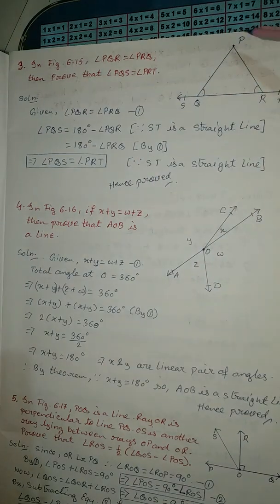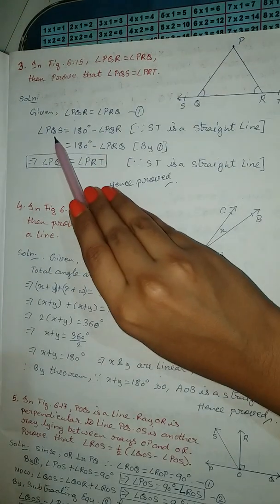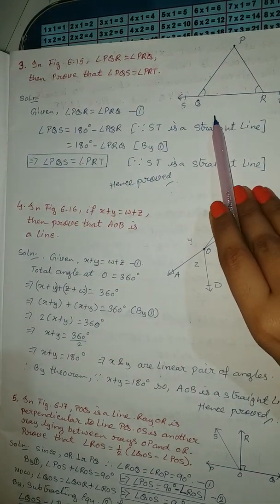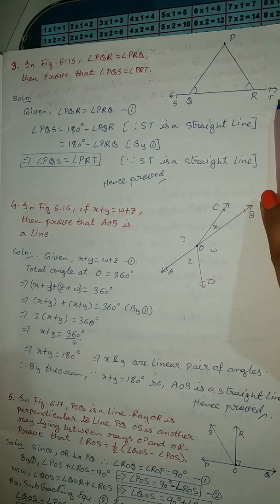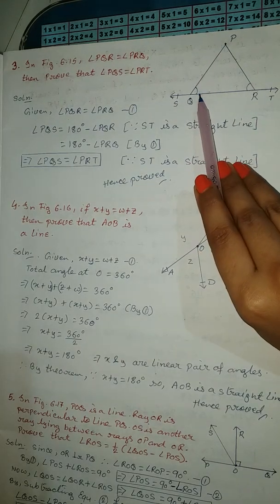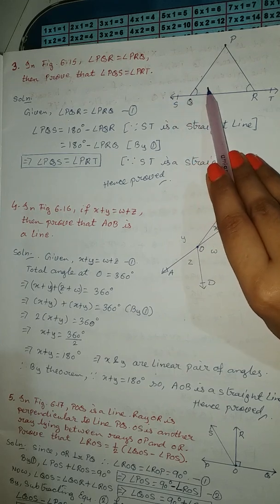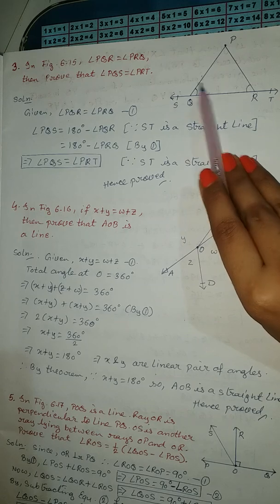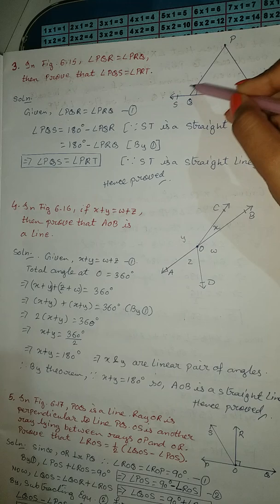Now, to find out the value of PQS, we'll just write down angle PQS. Let's look at the diagram. What we can see right here is ST is a straight line. Since ST is a straight line, and we know the value of PQR, these two angles would be a linear pair of angles, right? So what would be the value of this particular angle?